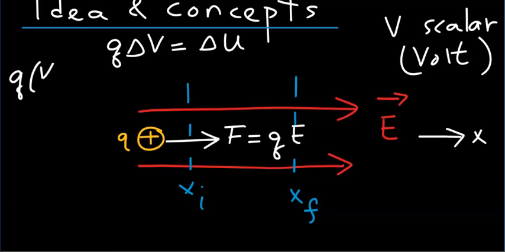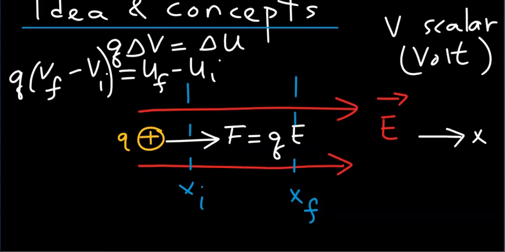So Q times V final minus V initial equals U final minus U initial. Now that means the electric potential energy is quite simply the electric charge times the electric potential the charge is moving through.